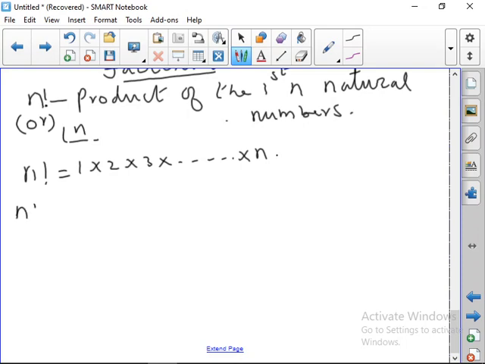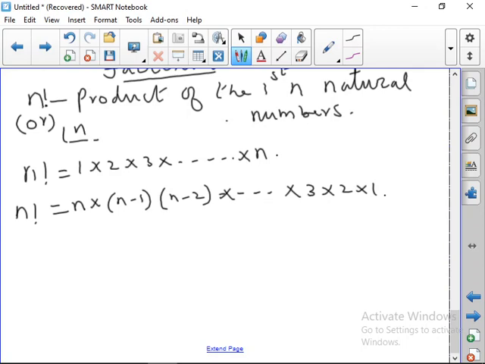Now n factorial, if you put it in reverse, what will you have? n. What will be the previous one? n minus 1. Previous one? n minus 2, etc. up to 3 into 2 into 1. Okay. So we have put it in reverse.